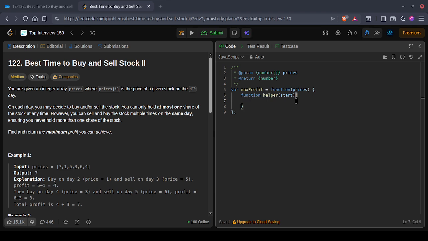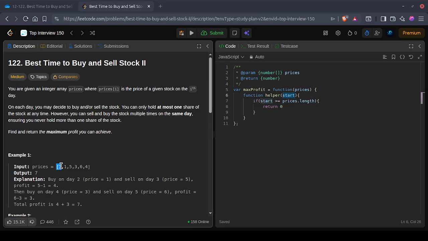If we reach the end of the array, there is no profit, which is the edge case of this recursive function: if start is greater than or equal to prices.length, return 0. Here this start is the day, meaning the index 0 1 2 3 4 5 6.